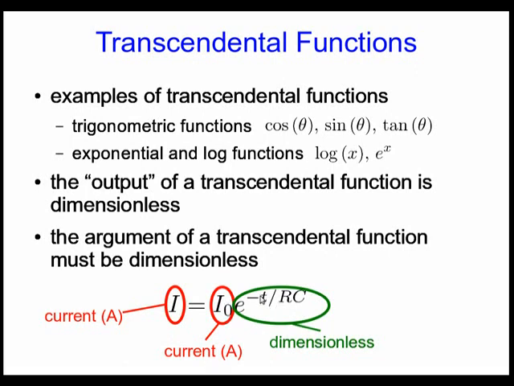Then this t is a time, and since the argument of the exponential, all of this, has to be dimensionless, for that to be dimensionless, RC must also be a time so that the times cancel out and you get a dimensionless number. And so even though all you knew was that this is a current, you can still come to lots of conclusions about the units that things must come out to.